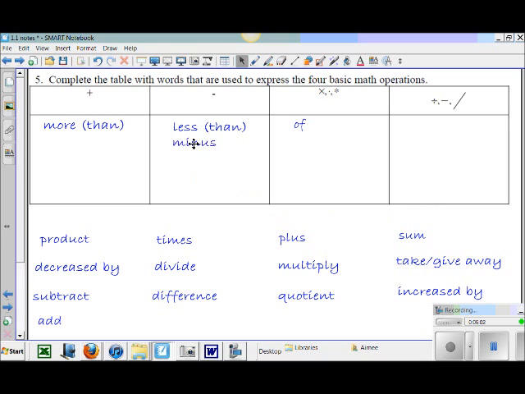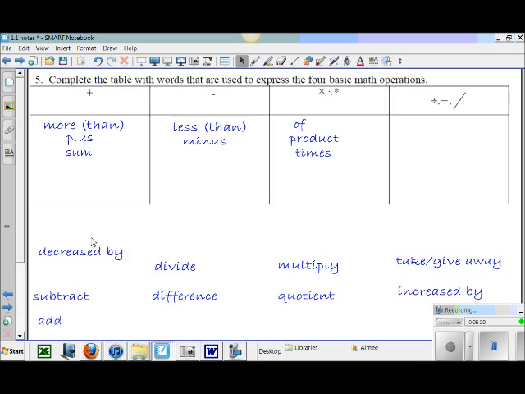Then we see minus. That goes under subtraction. Product, as we saw in the previous example, means to multiply. Times also means to multiply. Plus means to add. Sum also means add. Decreased by means to subtract. Divide means to divide.